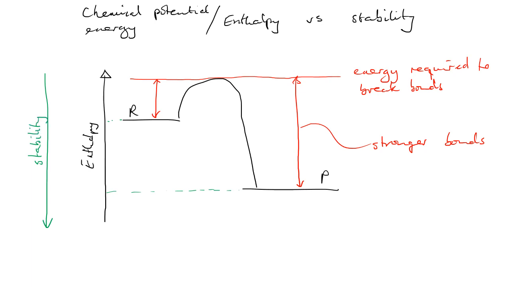So what that's saying is that this is the stability of our products, and it is higher than the stability of our reactants. And why does that make sense? Well, it makes sense because more stable compounds have stronger bonds, and you can see that our red line here is stronger for our products than our red line here, which is the strength of the reactant bonds.